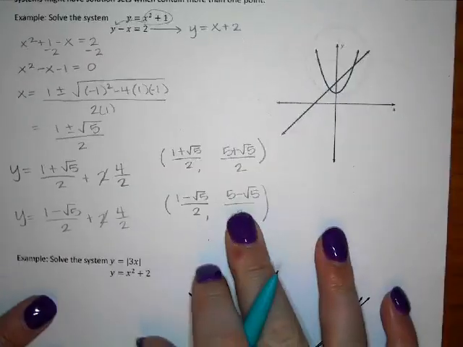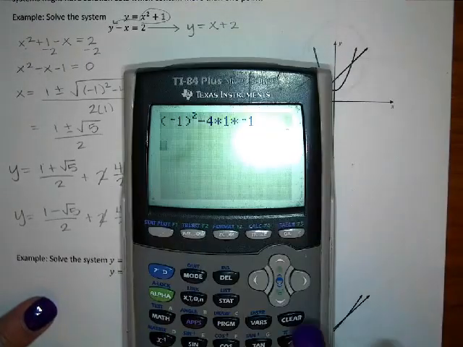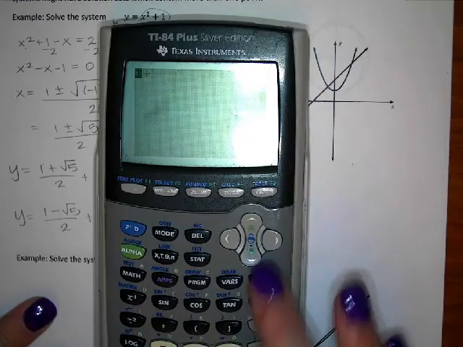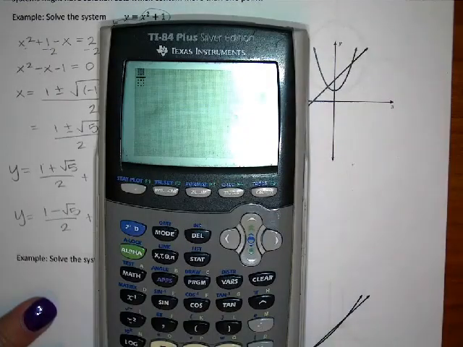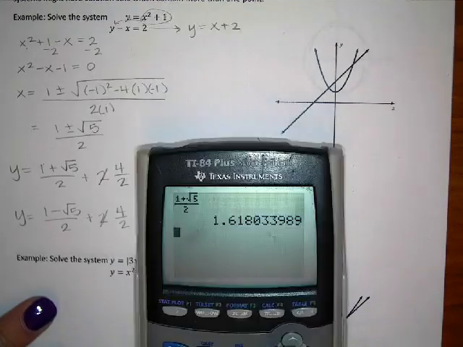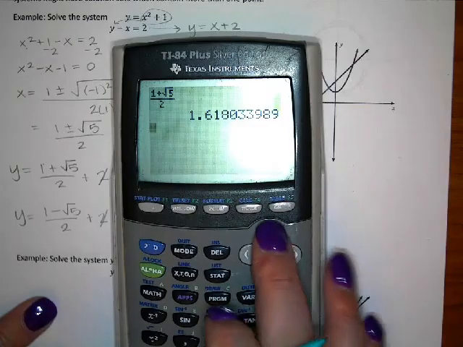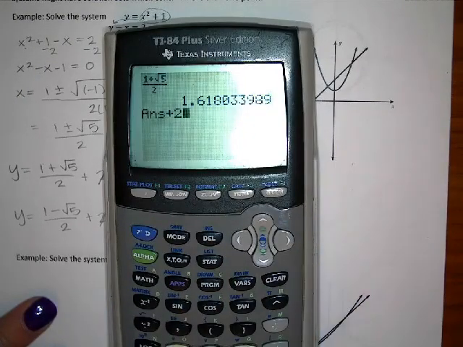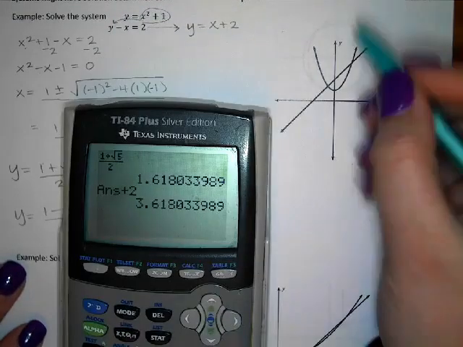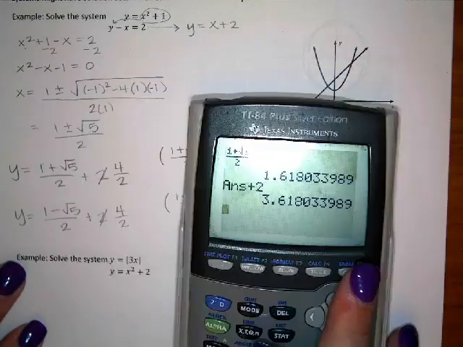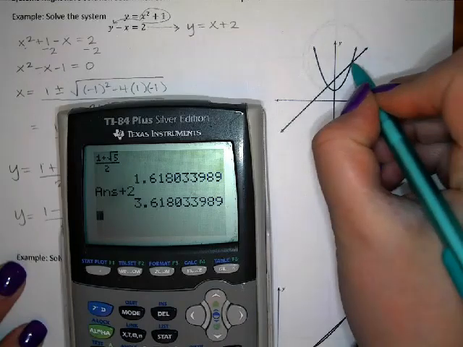Okay, and then if we wanted to just put these in their decimal form, actually let me type this in as a fraction, (1 plus root 5) over 2. Then to get my y coordinate, I would just do this x value plus 2. So that's this one right here.